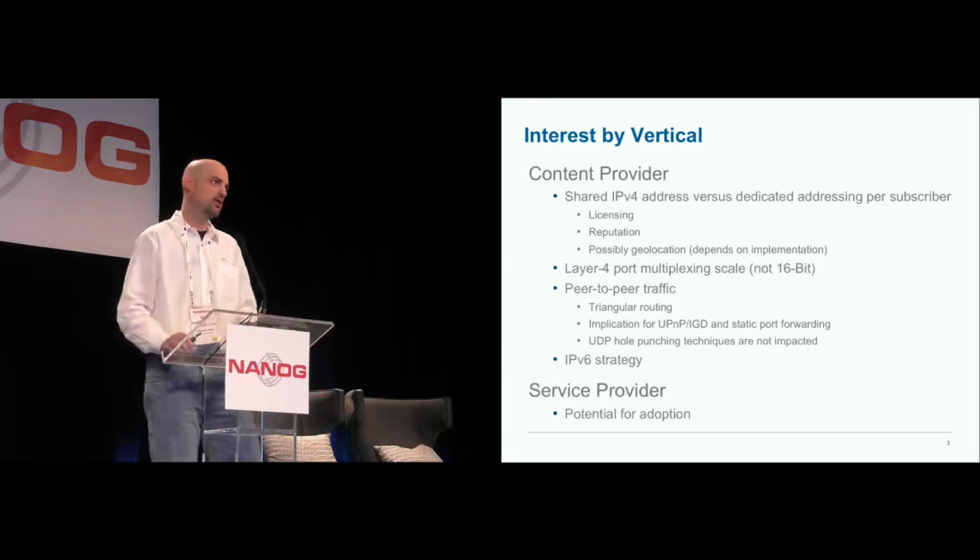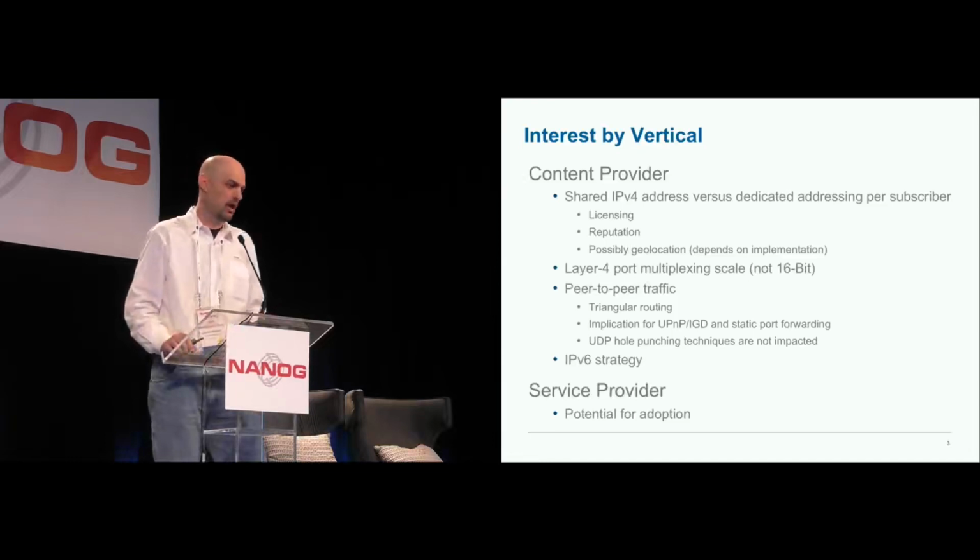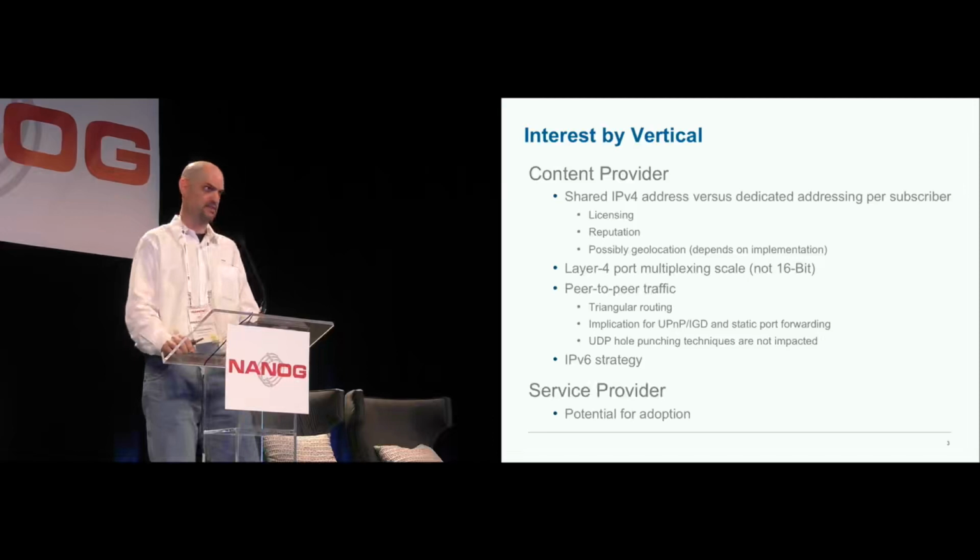As I mentioned before, subscribers are going to be assigned a specific set of unique ports, so you don't have the scale of 16 bits worth of multiplexing. So that is going to be reduced, and that is going to be a consideration as well.